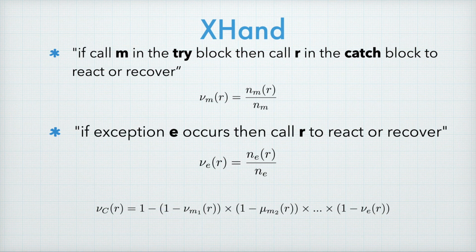Given these two association scores, we can define the association score between method call R in the catch block and the code snippet C based on the association score for each method call in C and method R, and also the association score between the exception E and the method call R.